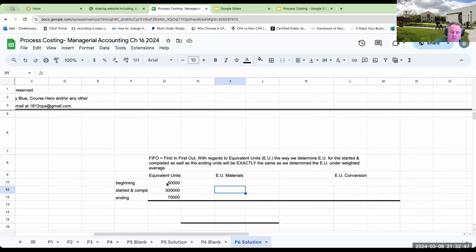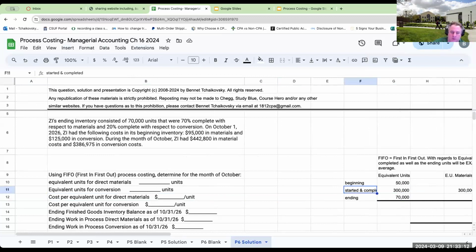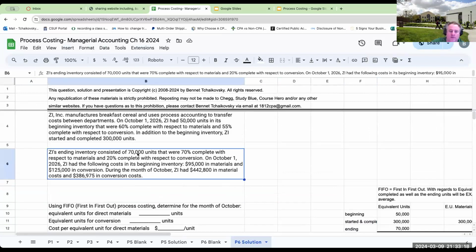In the problems I've written, the started and completed is 300,000 at 100% because that's what was done during the period, for both materials and conversion. The ending was only 70% complete with respect to materials and 20% complete with respect to conversion.